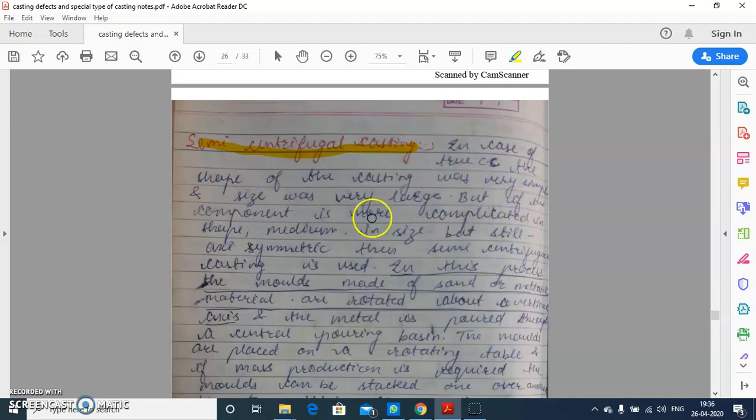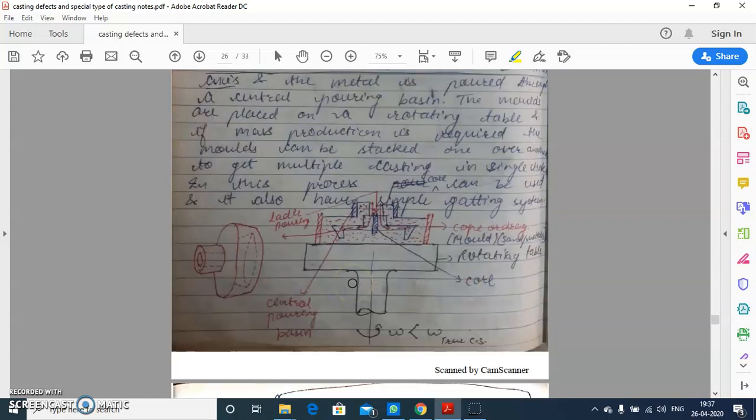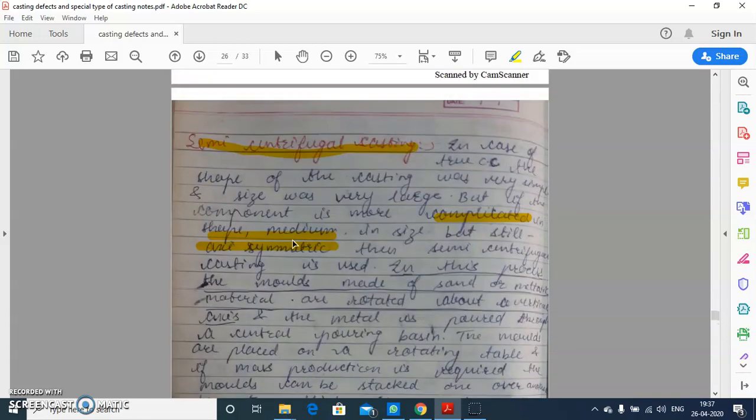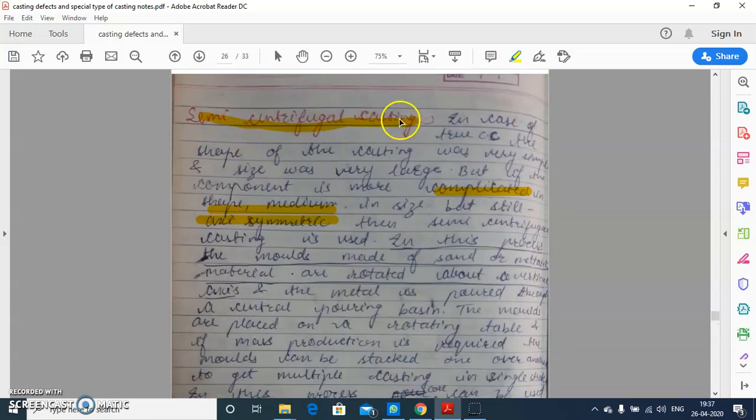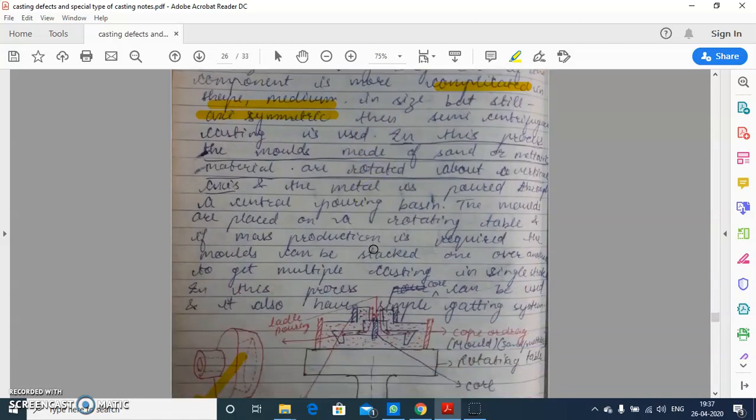But if the component is more complicated in shape and medium in size, but still axisymmetric, then semi-centrifugal casting is used. We have to use semi-centrifugal casting for making the product.